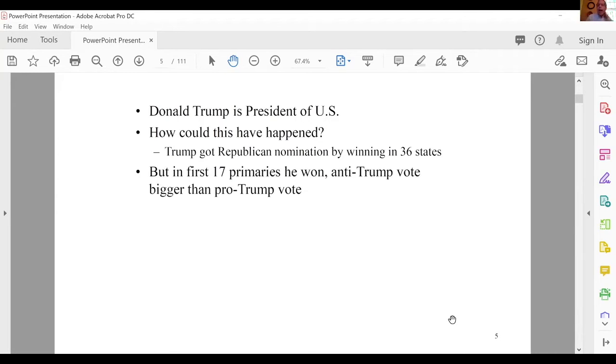But the striking fact about the Republican primaries in 2016 was that in none of the first 17 primaries that Trump won did he get a majority of the vote. The anti-Trump vote was bigger than the pro-Trump vote.